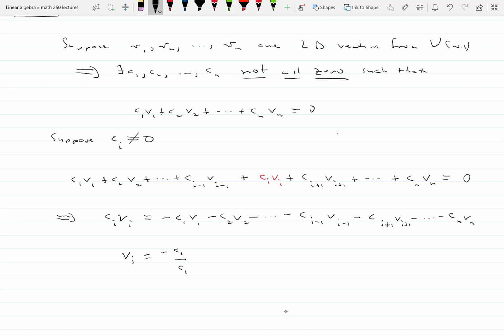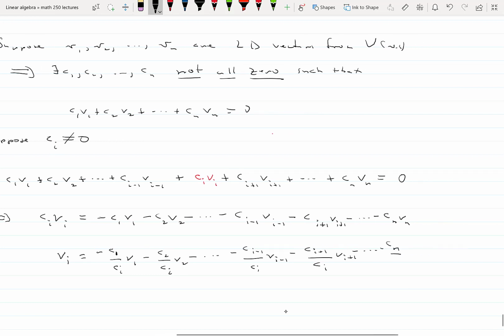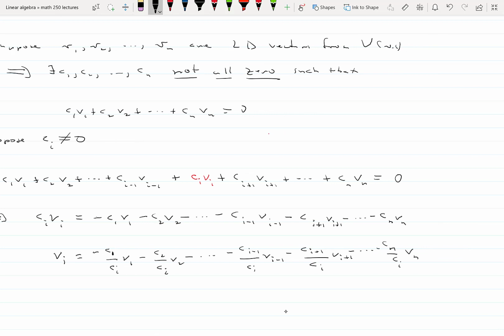So v sub I equals negative c1 over c sub I v1, minus c2 over c sub I v2, minus dot dot dot, minus c sub i minus 1 over c sub I v sub i minus 1, minus c sub i plus 1 over c sub I v sub i plus 1, minus dot dot dot, minus c sub n over c sub I v sub n.